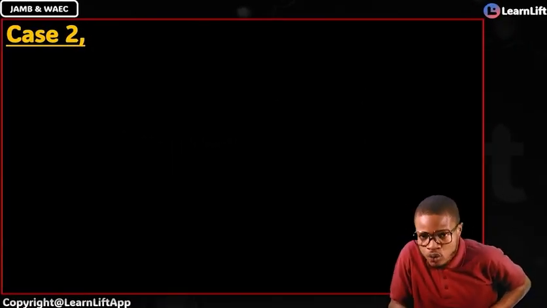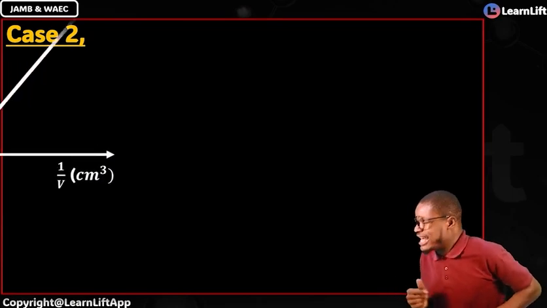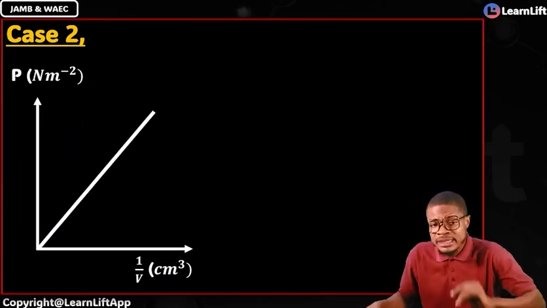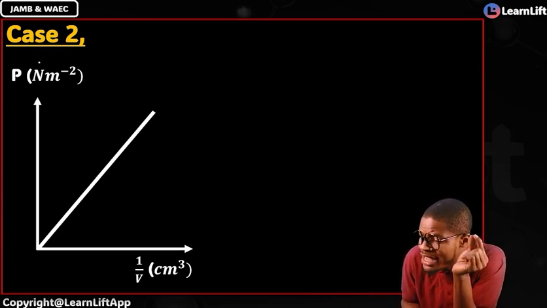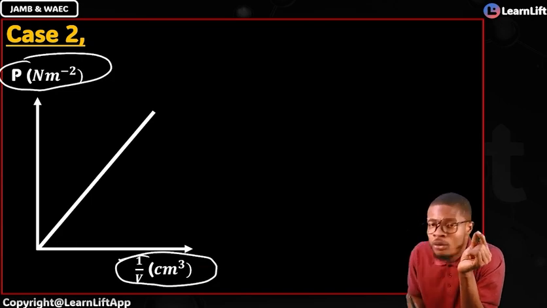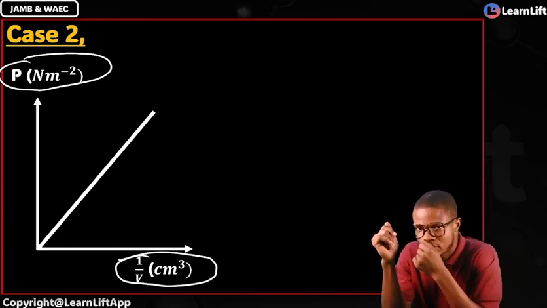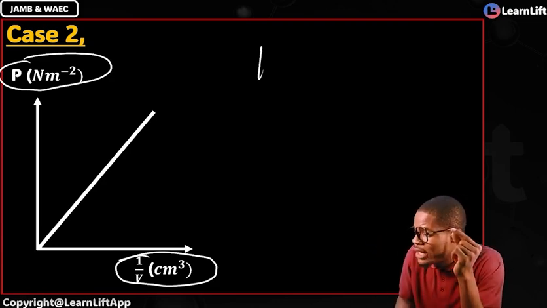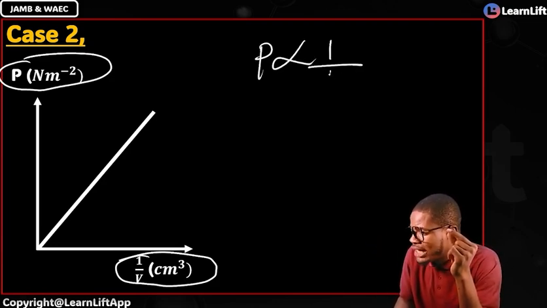Then case 2 is when it presents like this. From this, what can we see? This is a graph of pressure against 1 over volume. According to Boyle's law, pressure is inversely proportional to volume.